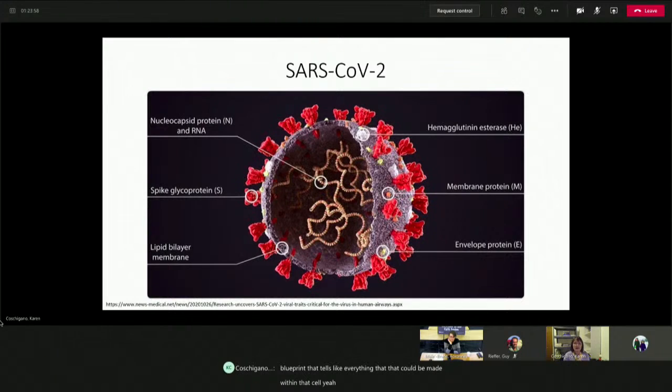And that's going to be the same in all of our cells, that blueprint, that DNA. The RNA acts as a middleman. It's a go-between between the DNA and the proteins. So for instance, these red things sticking out or these white things, the proteins are kind of the workers.